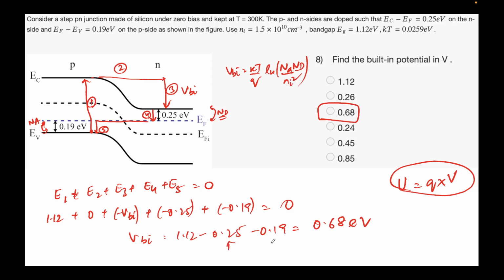You can see these two things are the counterpart for NA and ND, and this is NI squared. If you remember, NI is EG over 2KT exponential. So those three terms have to come in this expression also, and they are coming. This term represents, so to speak, NI squared. These two terms represent the doping on either side, on N side and P side. So this is a good way to just remember, right?